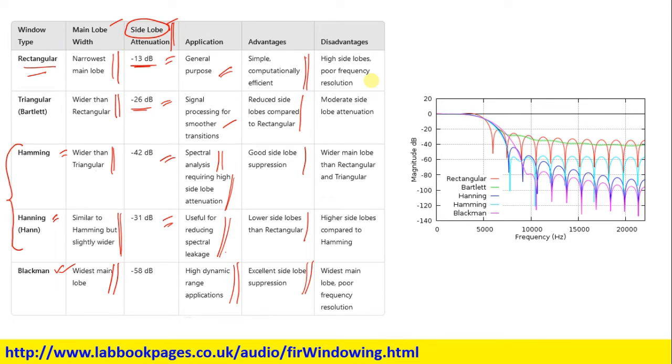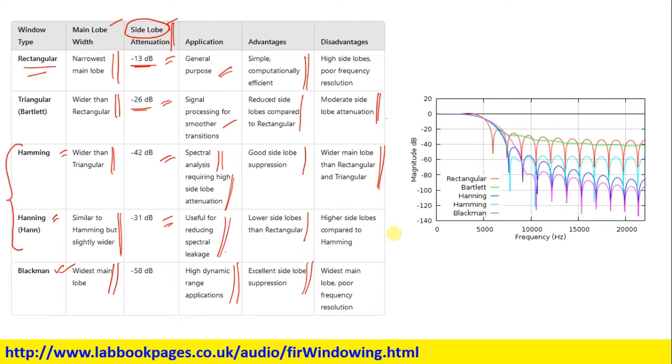Okay, moderate side lobe attenuation, wider main lobe than the rectangular and triangular window. So what happens is that when you go towards the cutoff frequency, the ripples at the discontinuity or the cutoff frequency are higher if you have a very wide main lobe.